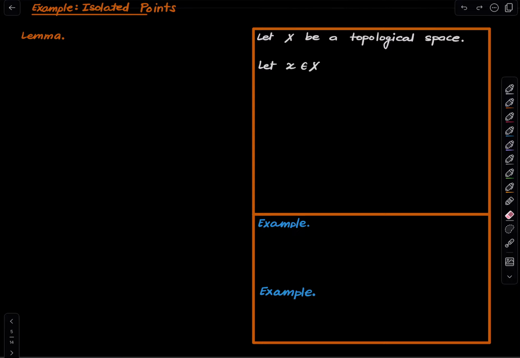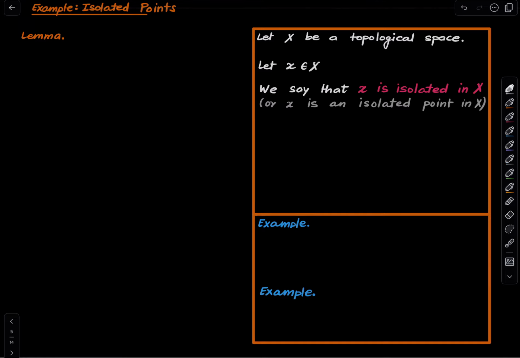Okay, so let X be a topological space and fix a point x in it. Then we say that x is isolated in the space X, or in other words, x is an isolated point in X. Many similar phraseologies are used.